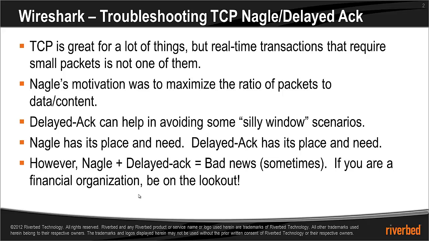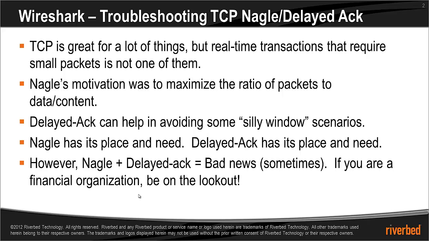And by the way, unfortunately, there's no other way to show you the interaction of Nagle and delayed acknowledgement without PowerPoint, without visualization. So we'll get right to the packet analysis, but first I wanted to show you a few slides that depict the 2 algorithms in action, because as they say, a picture's worth 1,000 words. And so the first point there is that TCP is great for a lot of things.